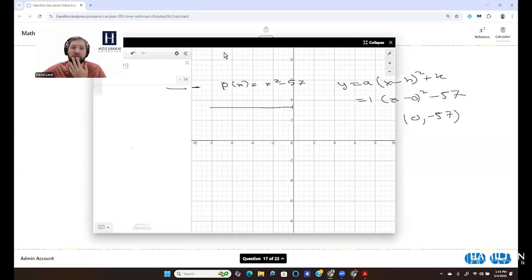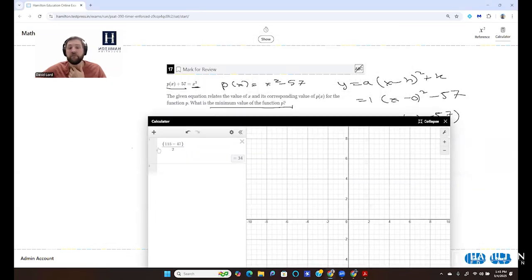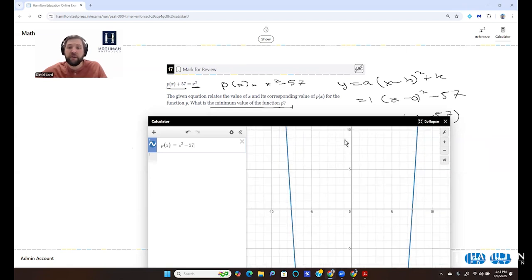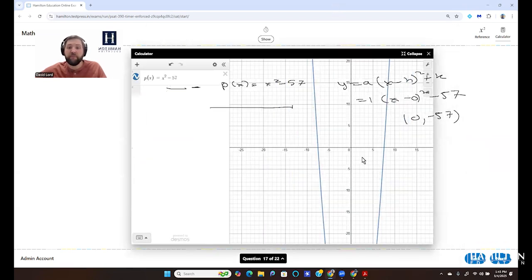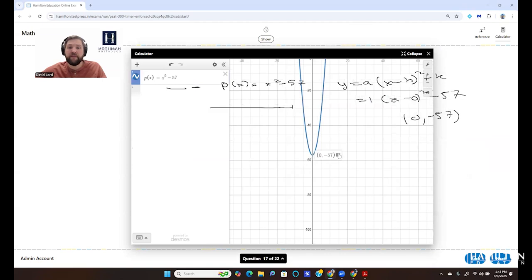But I think they're hoping that you would get mixed up with having the plus 57 on the left. So just x squared minus 57. So then we might have to scroll down a bit to see the minimum value. But there it is, negative 57.